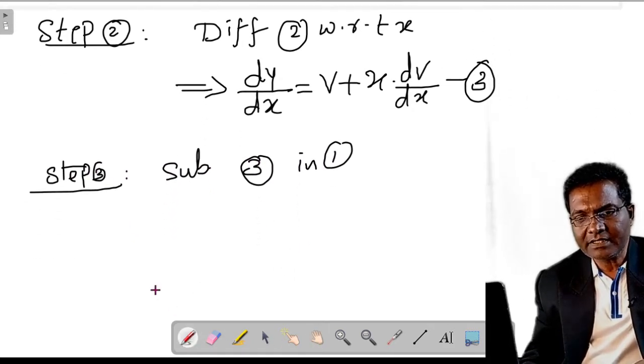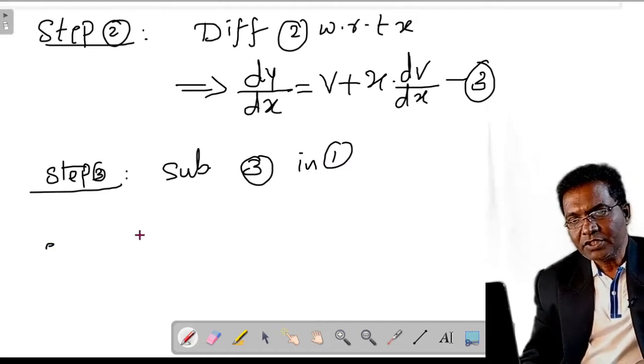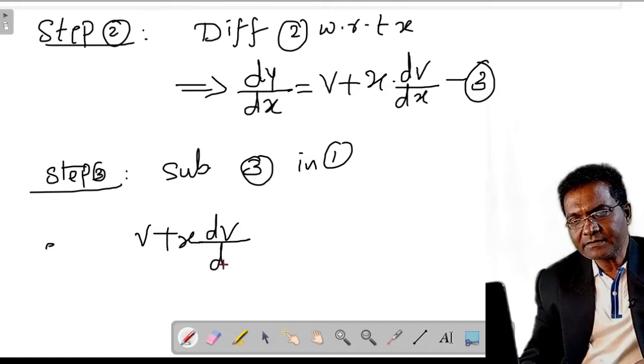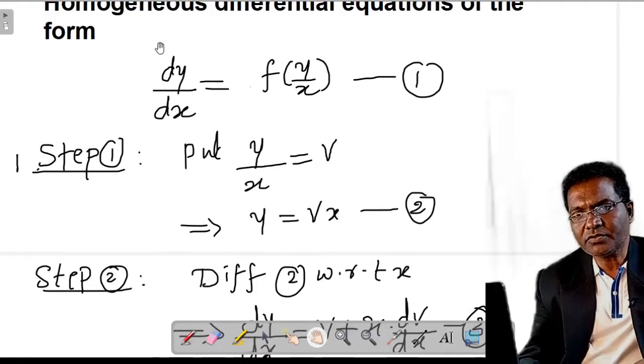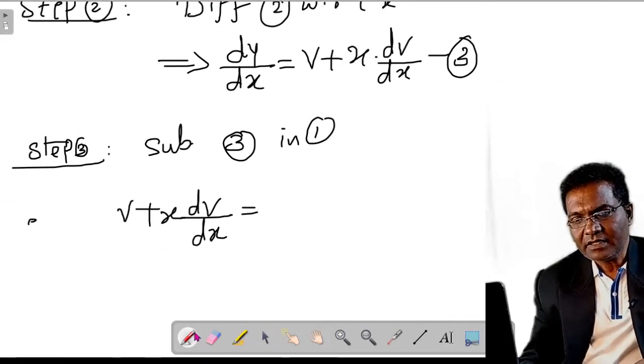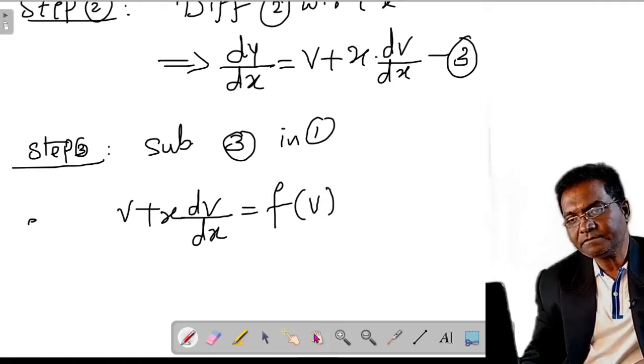So what you will get? You will get v plus x dv by dx. Here you have to substitute dy by dx as v plus x dv by dx, and for f of y by x, you have y by x, which means v.